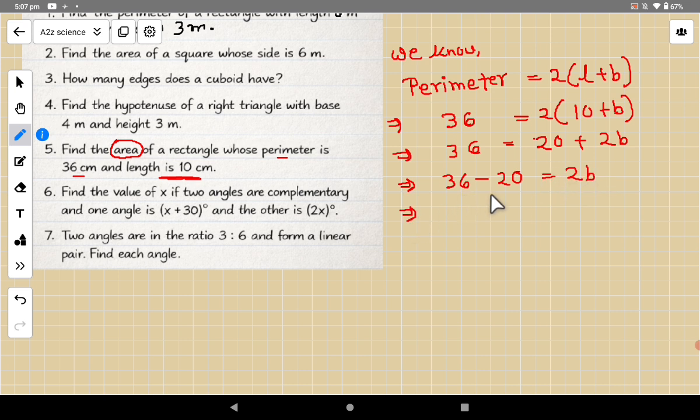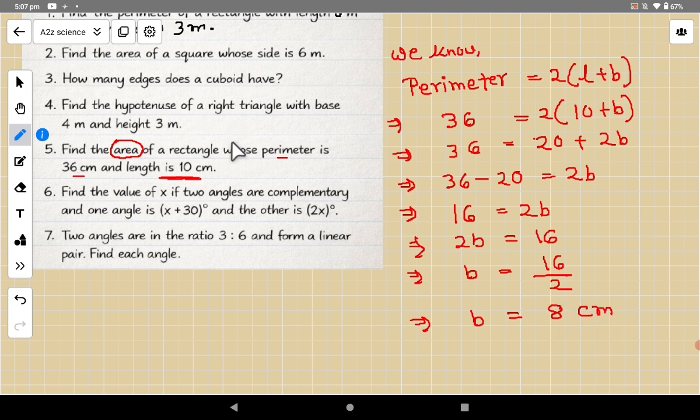So 2b equals 16, so b will be 16 by 2, 8 centimeter. The unit was given as centimeter, so the unit of breadth will also be centimeter.